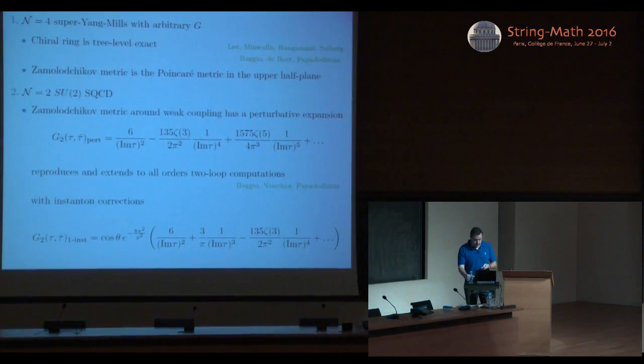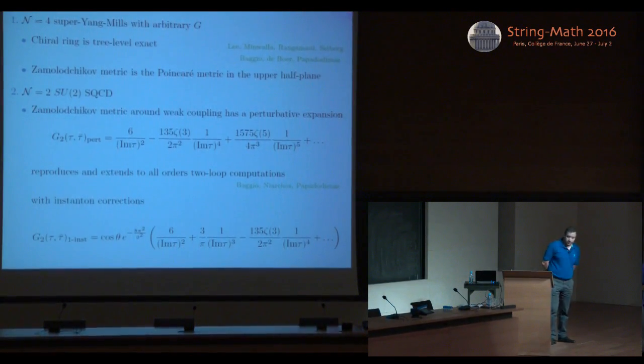Now let's consider N=2 SU(2) super QCD. So again, we're computing this by doing Gram-Schmidt on the sphere.